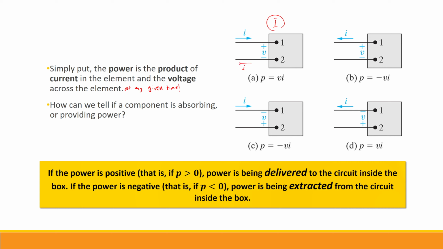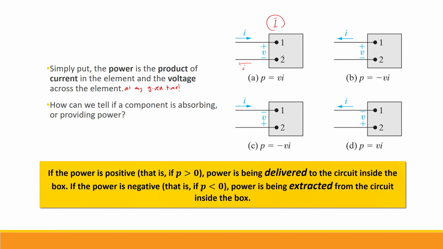This is the reference direction for the current. Also, as you can see, the voltage polarity is between terminal 1 and terminal 2. Terminal 1 is positive, terminal 2 is negative.